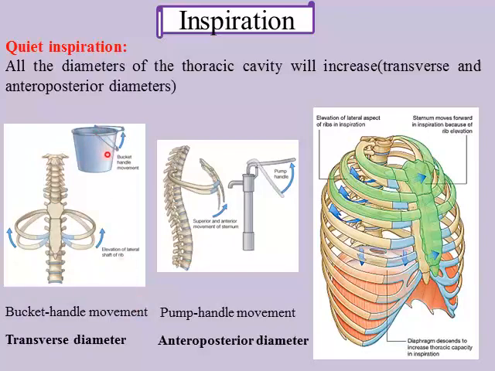So when the rib is elevated by, for example, the external intercostal, the bucket handle will move up, elevated and laterally, and this will cause the lateral or transverse diameter of the thorax to increase. This occurs normally during inspiration.